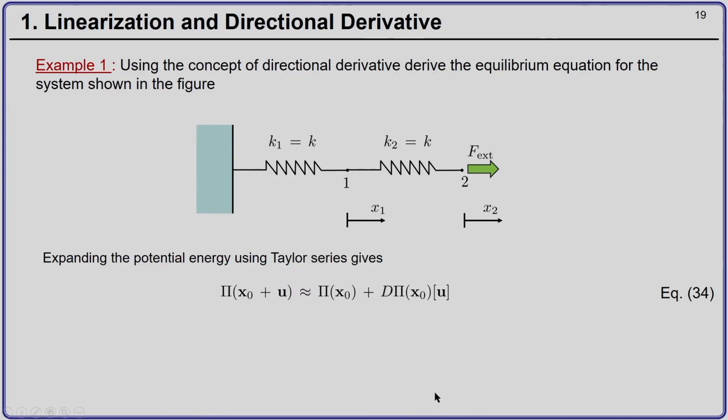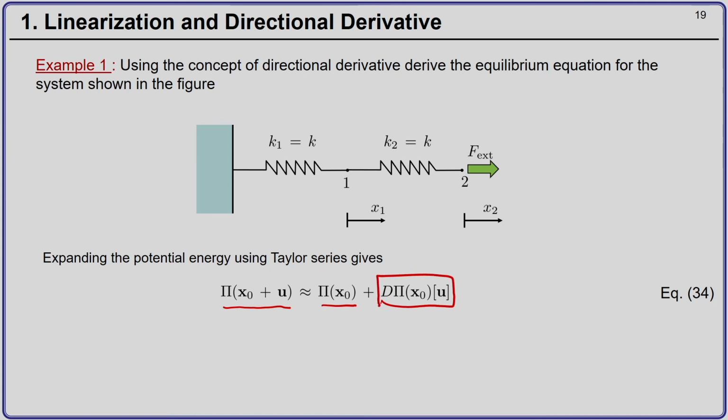Now, you can expand the potential energy at the current position using Taylor series. The potential energy at the current position x0 plus u will be nearly equal to the potential energy at x0 plus the directional derivative of the potential energy at x0 in the direction u.